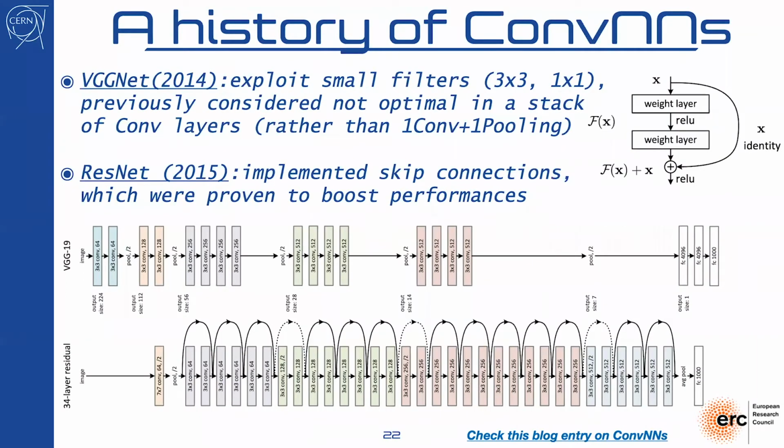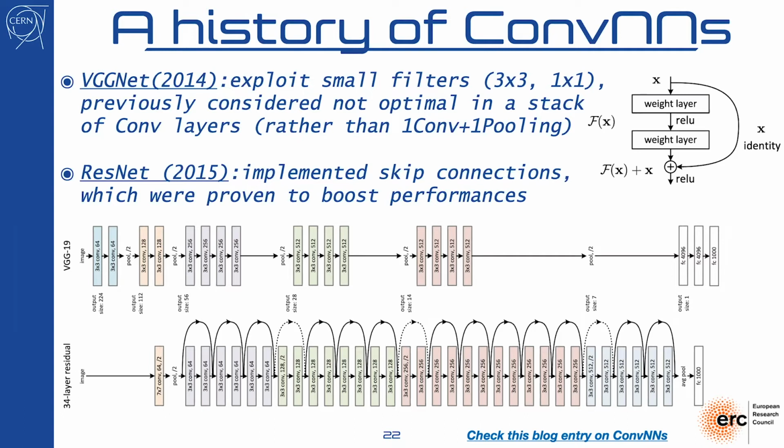And now, to give you the sense of what people are doing these days, these are the kind of networks that you would typically run for computer vision. VGGNet had introduced the use of very small kernels, 3 by 3, even 1 by 1, which before were not considered optimal.